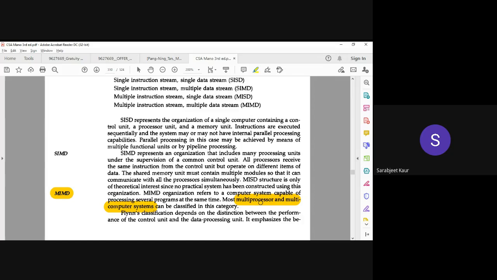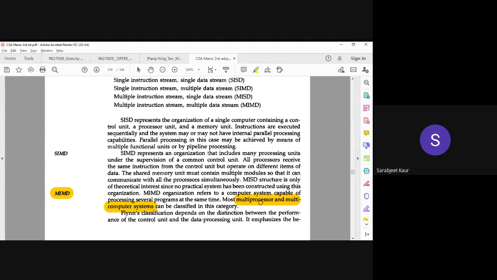Suppose there is a big computation, those 100 or 1000 numbers that we had, and we have 10 processors. Then it is divided into 10 parts and given to each CPU for processing. We may not even have a single instruction; we may have different instructions to be run on different sets of numbers.